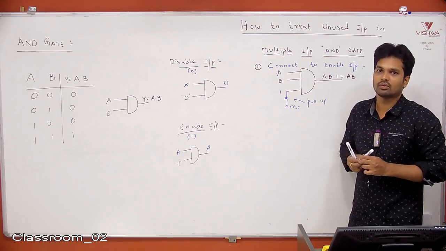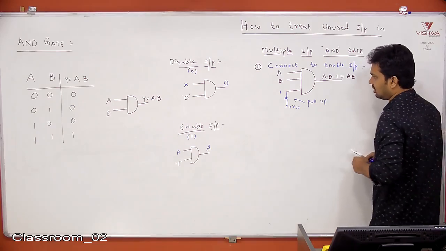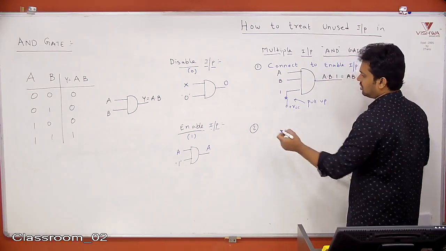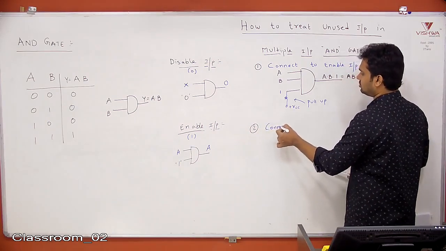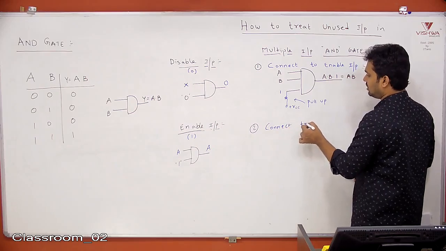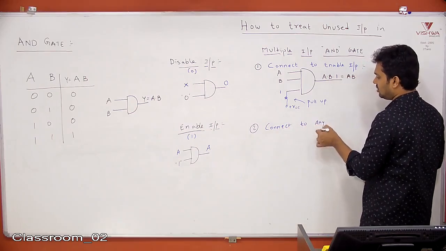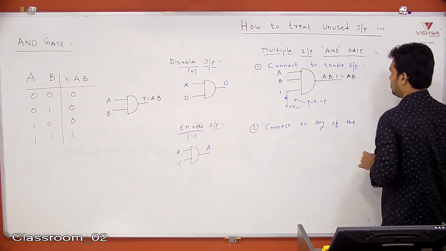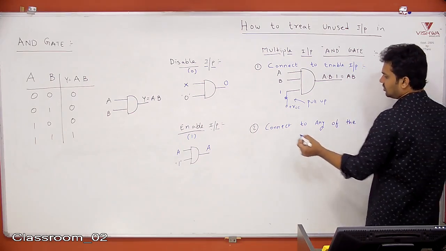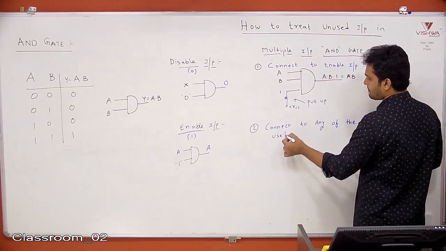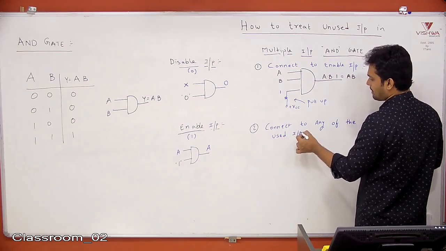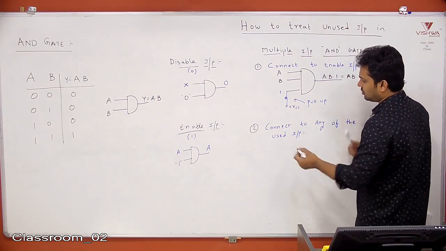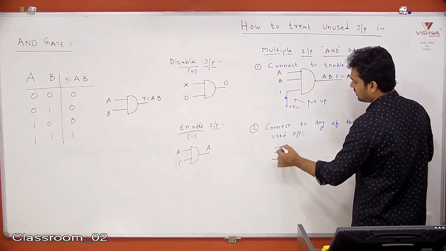You can understand now. Next, second point. Connect to any of the used input. Take an AND gate.